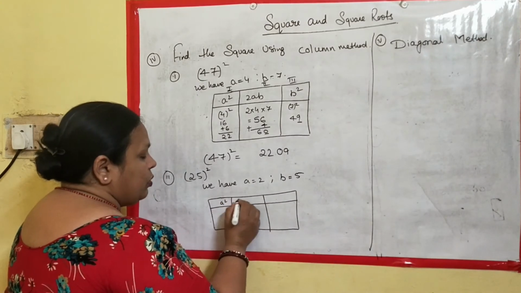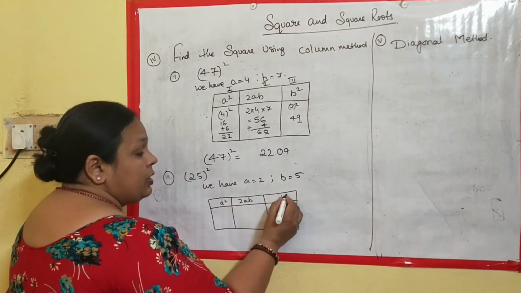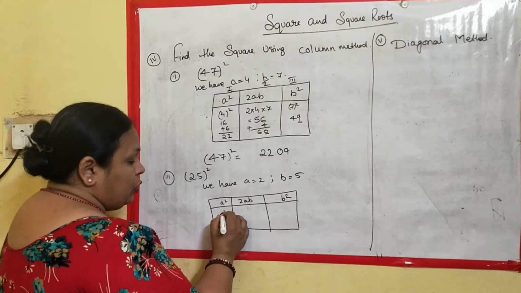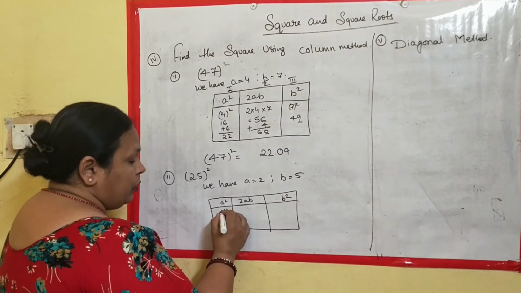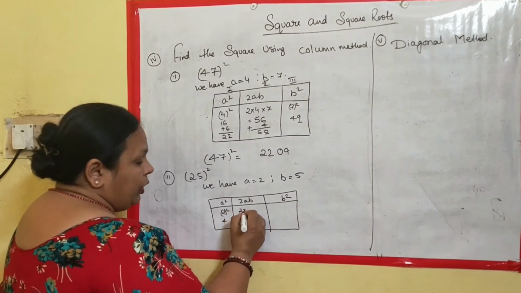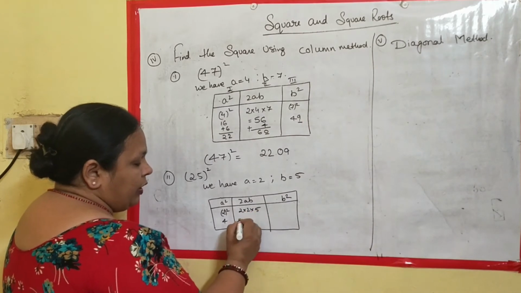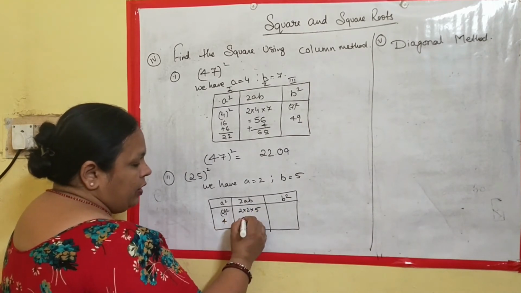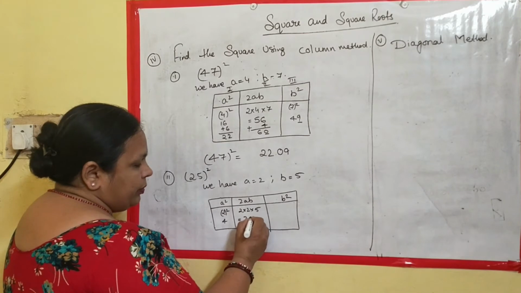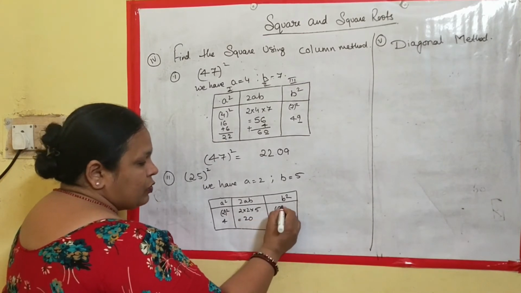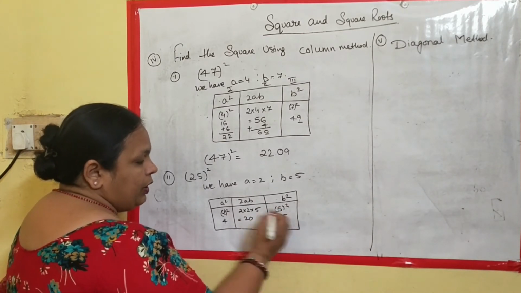Here it is A square, here it is 2AB, here it is B square. A is your 2, 2 square is 4. 2 into 2 into 5, that is 2 2s are 4, 4 5s are 20. Here it is 5 square, that is your 25.